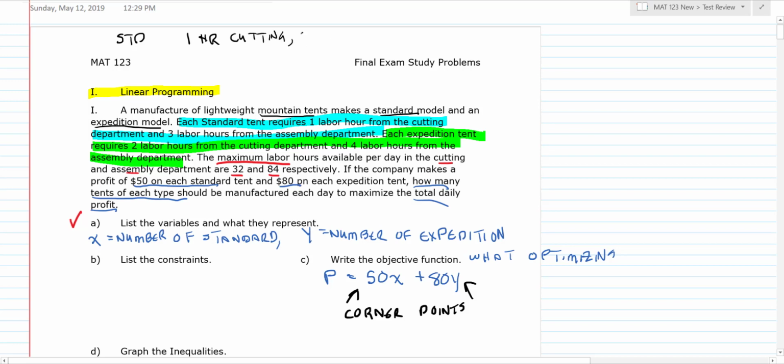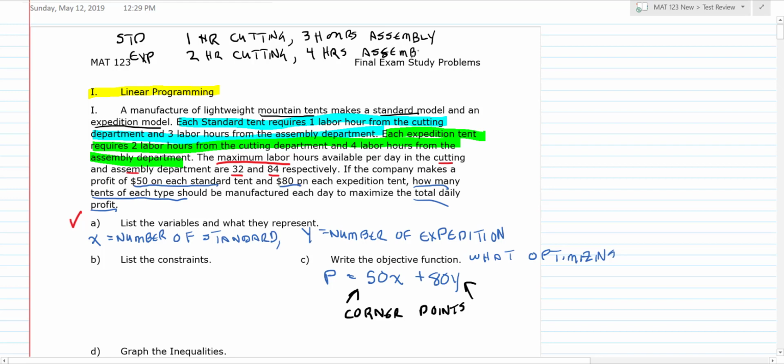And then 3 hours for assembly. That's important information. The stuff I highlighted in green is the information for the expedition tent. That says 2 hours for cutting, and then 4 hours for assembly. Okay, so we got that.